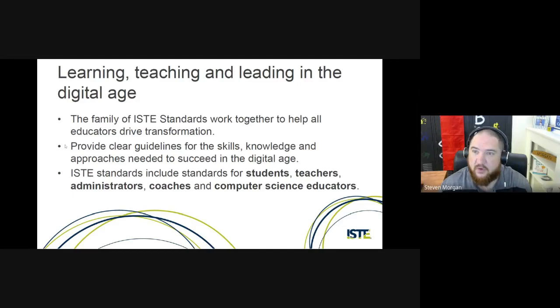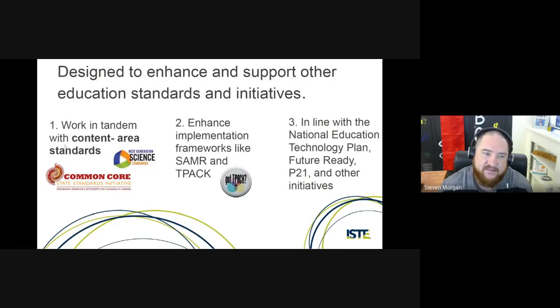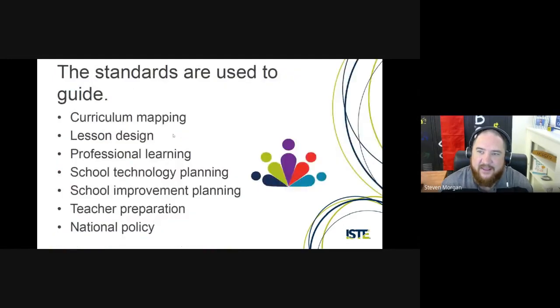These standards work in tandem with the Common Core and the NGSS. They're supposed to enhance the frameworks that you may already be using, like SAMR or TPACK, and they are in line with the National Education Technology Plan, Future Ready Plan, P21, etc. The standards are supposed to be used from top to bottom, from national policy all the way down to the curriculum mapping that we do inside of our lessons.